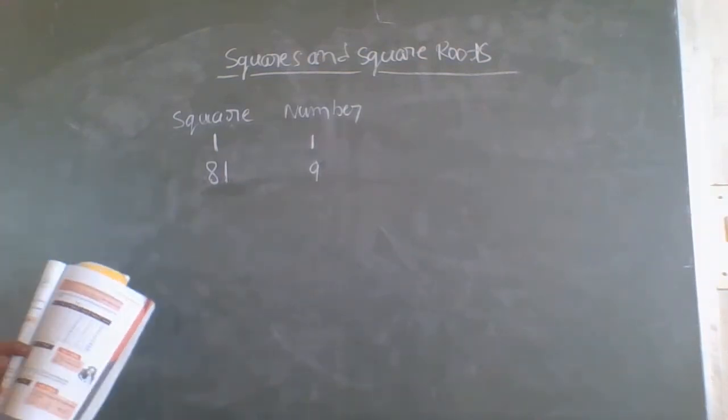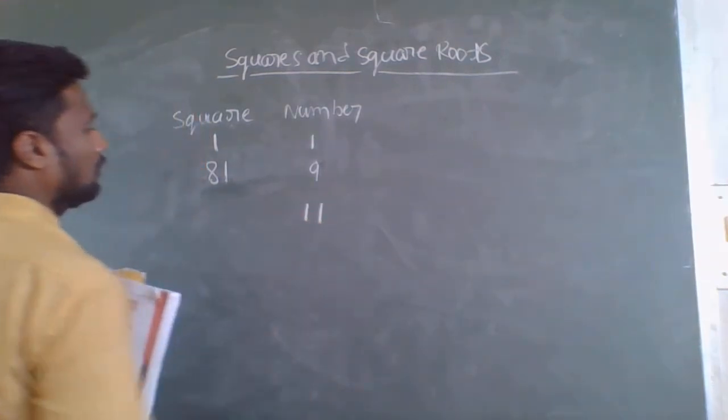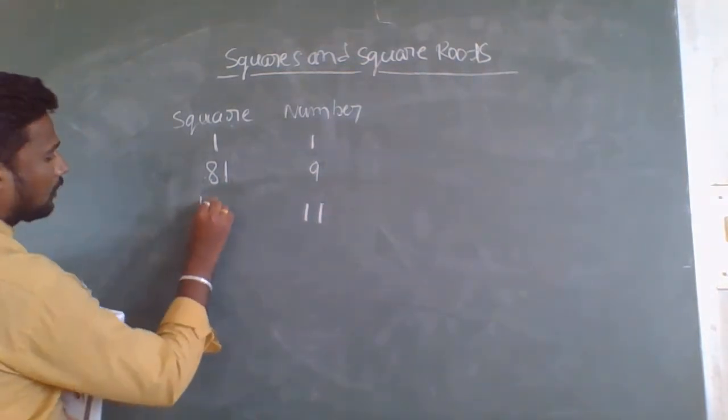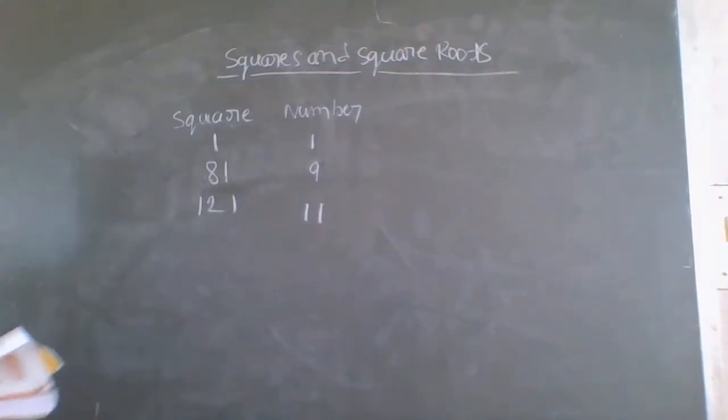Now again they have given 11. 11 square means 11 into 11, what will you get? 121.